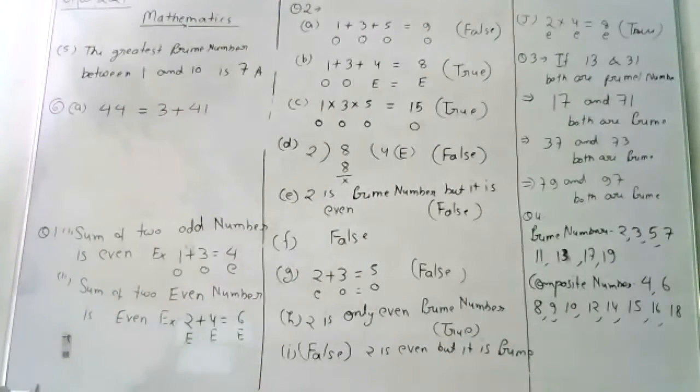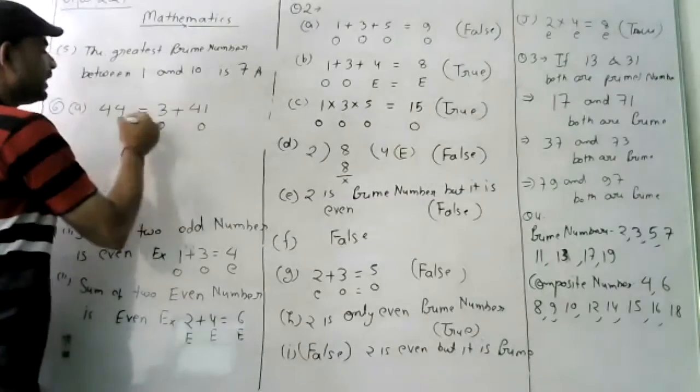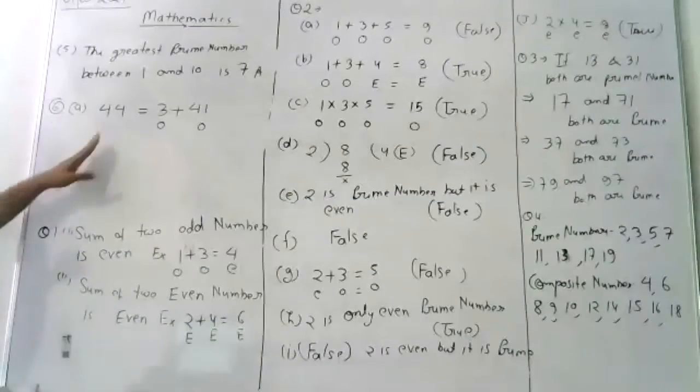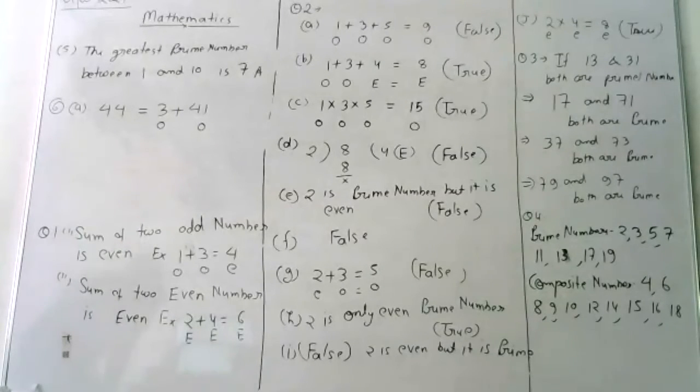Both are odd numbers, and the sum is equal to 44. Is that clear? One query, Master Srajan Sharma. Ask your question, beta.